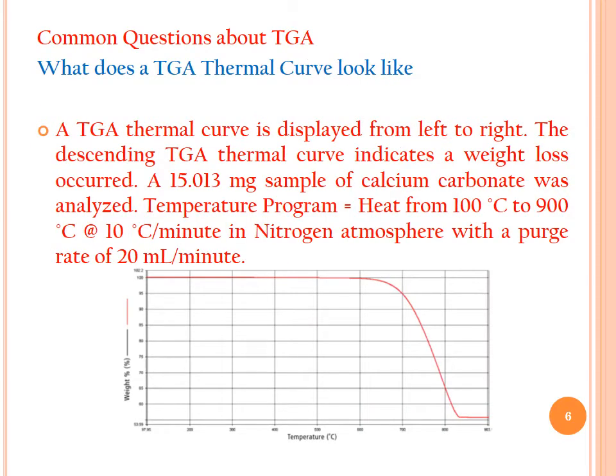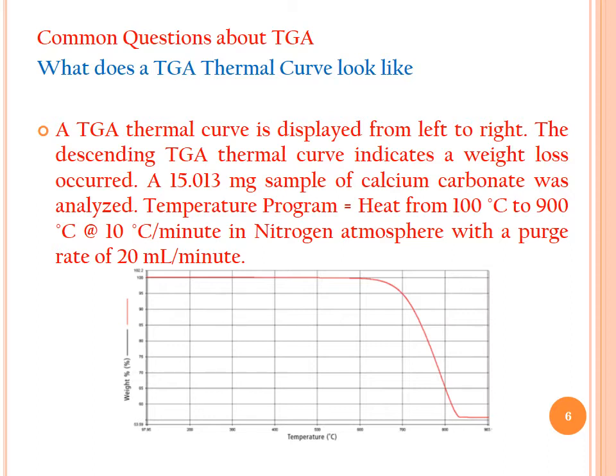The next common question about the TGA is: what does a TGA thermal curve look like? A TGA thermal curve is displayed from left to right. A descending TGA thermal curve indicates that a weight loss occurred. For example, a 15.013 milligram sample of calcium carbonate was analyzed.